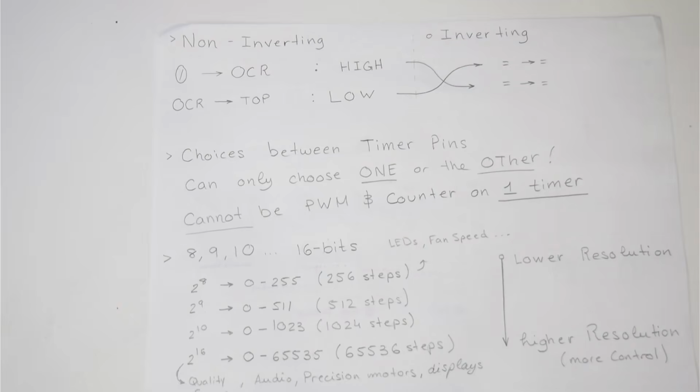That means that for any other group inside timer 0, group A or group B, we cannot use it as PWM. It's set as a counter. But since timer 1 and timer 2 are still free, since we didn't initialize those yet, we can use those as PWM. It's just a reminder that you can only choose one configuration per timer.